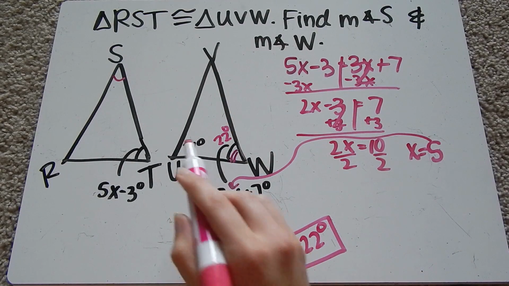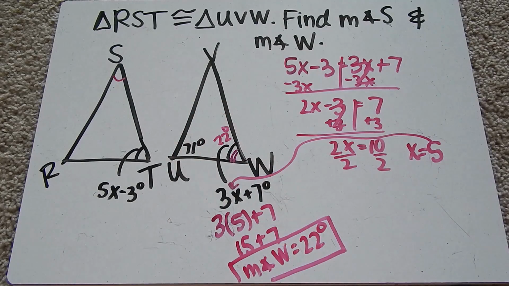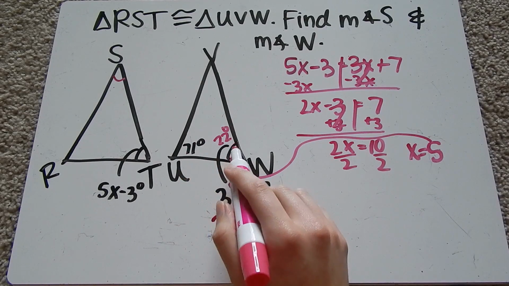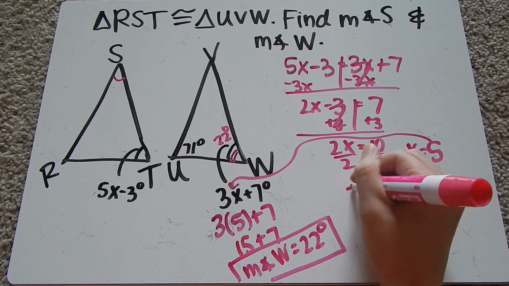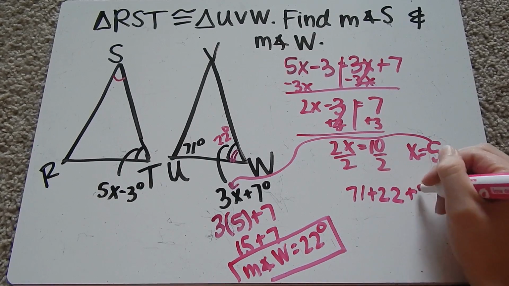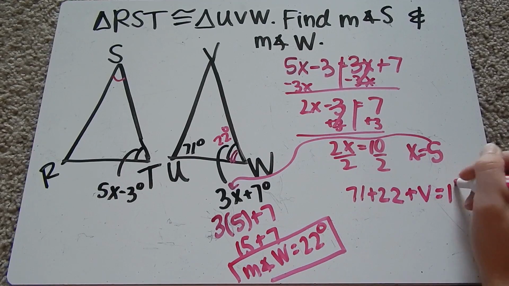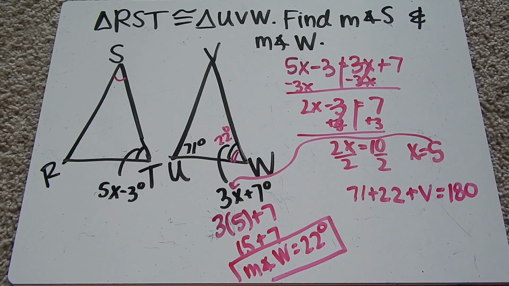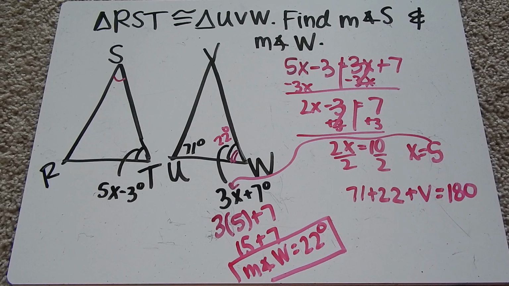Now we have 2 out of 3 angles in this triangle here. Let's go ahead and find V, the third angle. So let's go ahead and add these together. Then we have this angle V that we don't know. All of those equal 180 because the sum of angles in a triangle always will add up to 180.